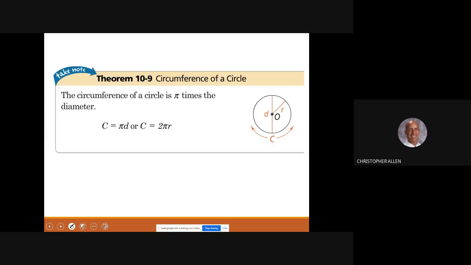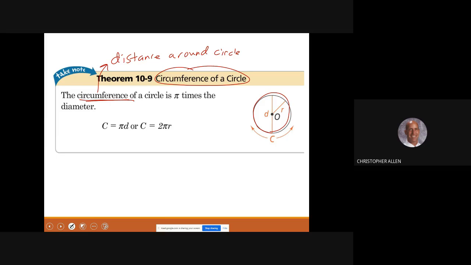All right, now we're going to talk about something you guys probably already know. If you already know this, I apologize, but I just need to make sure that you know this. It's something called circumference. Circumference is basically the distance around a circle. If we were going to take a path all the way around this circle, we would call that its circumference.